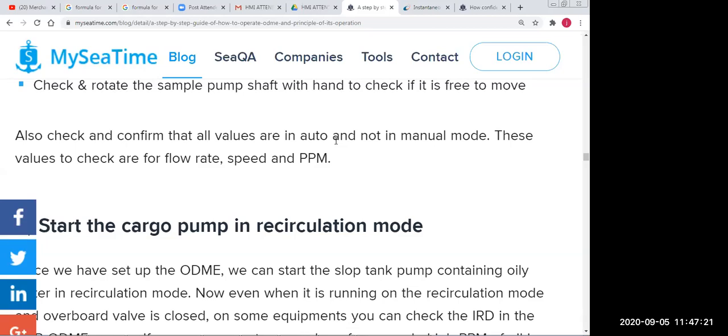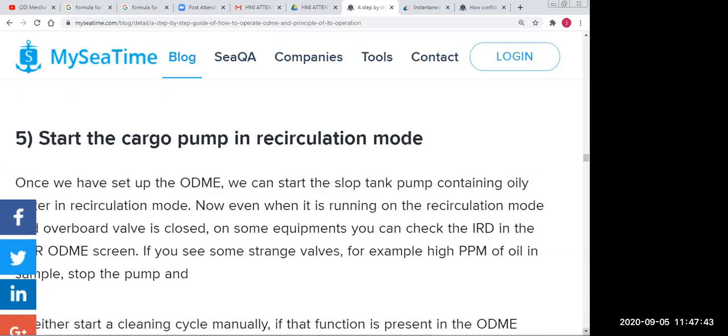The discharge of oily water has to be entered in the oil record book, which has to be signed by the officer in charge, and the last page signed by the master. This oil record book and the attached ODME printout will be subject to your inspections, PSC, vetting, and flag state inspections.